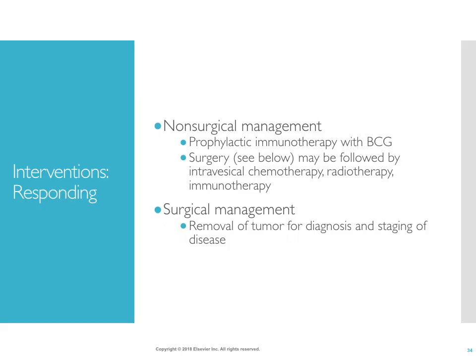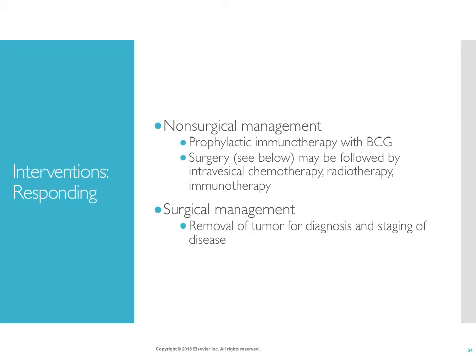As far as interventions, non-surgical, they may use prophylactic immunotherapy with BCG. BCG is Bacillus Calmette-Guérin, and this is actually what we use in countries where TB is endemic as an immunization against TB. What it does is it causes the immune system to attack the cancer cells.